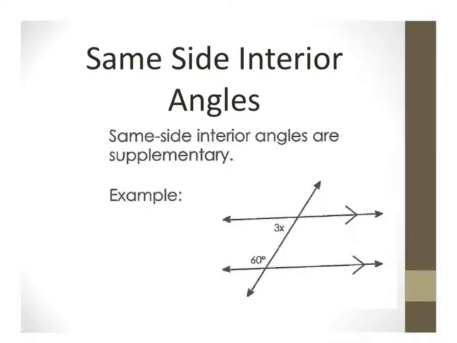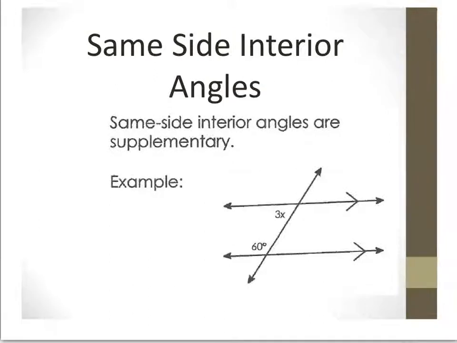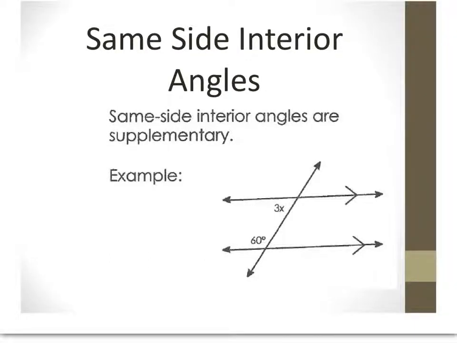Now let's do an example. If we have this right here, and we know that this angle is 3x and this angle is 60 degrees. Same side interior angles are supplementary. That means that they equal 180 degrees.